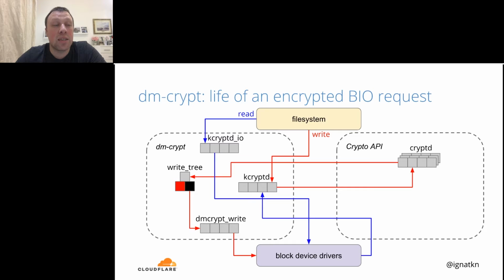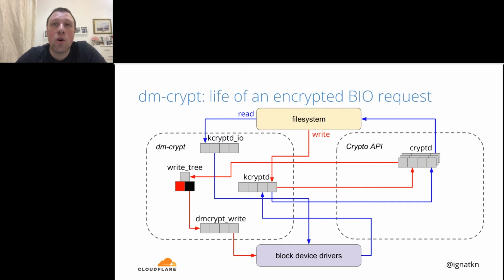But the dm-crypt instance schedules it for decryption, meaning it queues it on the familiar kcryptd asynchronous thread, which later sends it to the crypto API, potentially on another asynchronous thread called kcryptd, which actually performs the decryption, and then it returns the decrypted result to the file system.